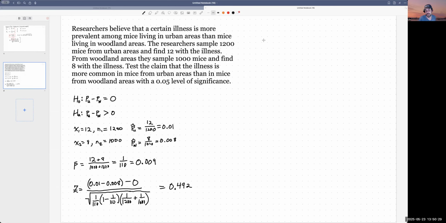So our p-value is going to be equal to the probability of getting a z-score greater than 0.492. You can do this with any normal distribution calculator. I got 0.3114. This is greater than 0.05, which is our alpha.